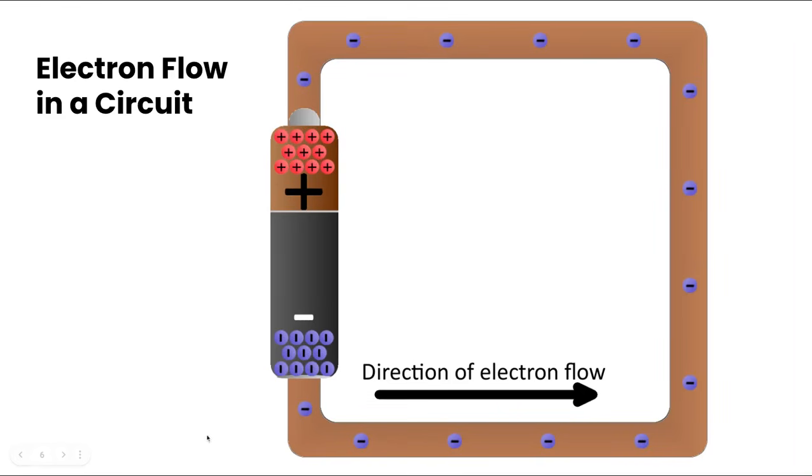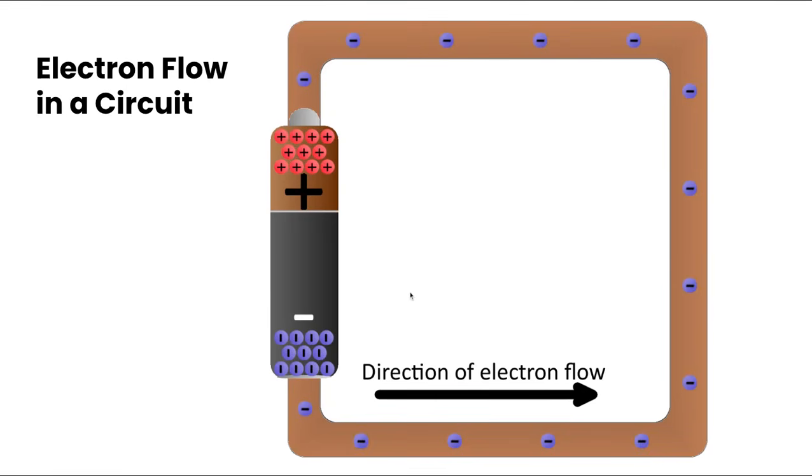Now, when we take a battery and connect it to a circuit, electrons are going to flow from one end of the battery all the way around our circuit back to the other end of our battery. Which way do they flow? Remember, the cathode is the positive end of our battery, and the anode is the negative end.